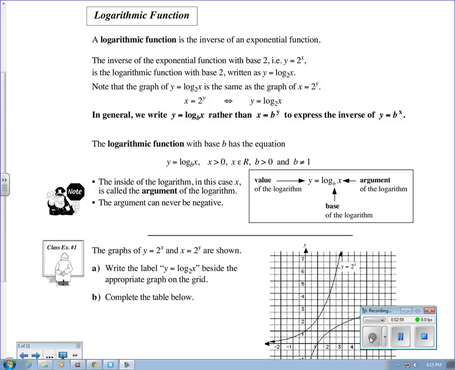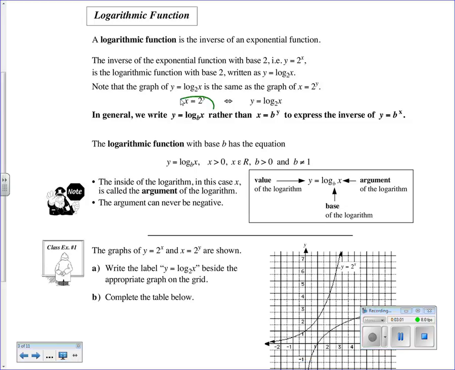So previously we were trying to communicate in this format, but now we actually have a way of getting the y out of the power position and out of the exponent position, and it's said to let's take the log. By taking the log base 2 of both sides, I get y on one side and then log base 2 of x on the other side. So that's how we're going to practice finding our inverses. It's a mathematical function that we will apply.